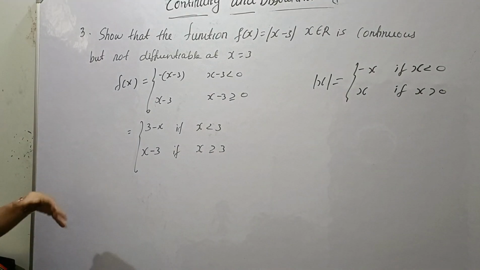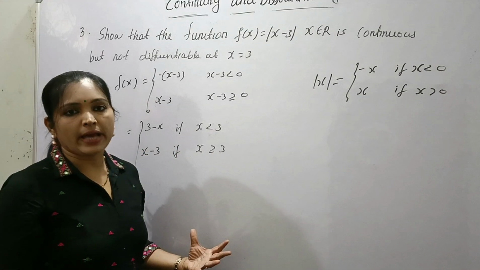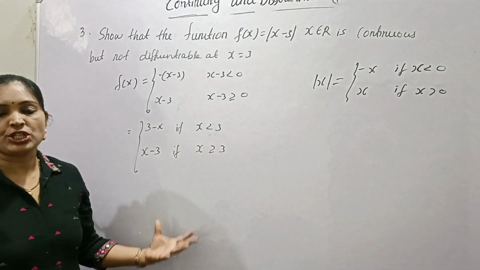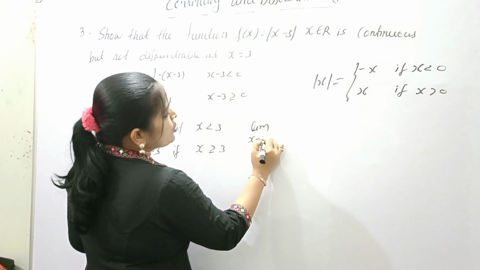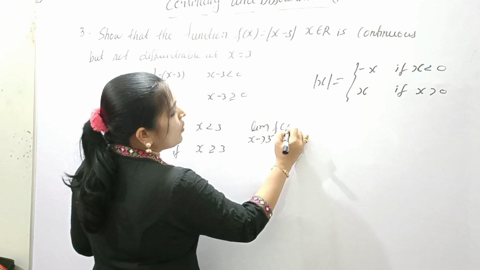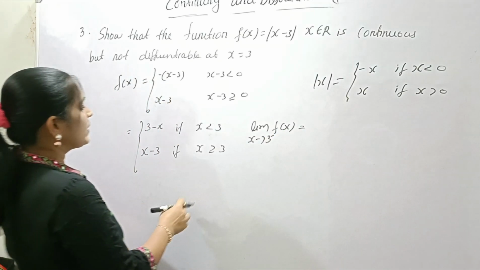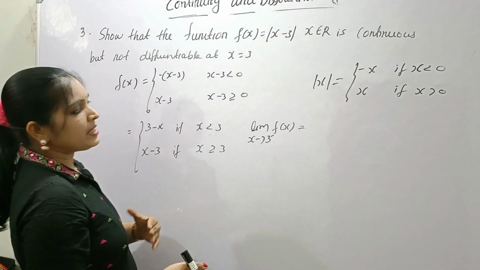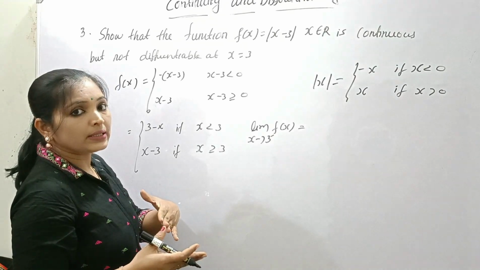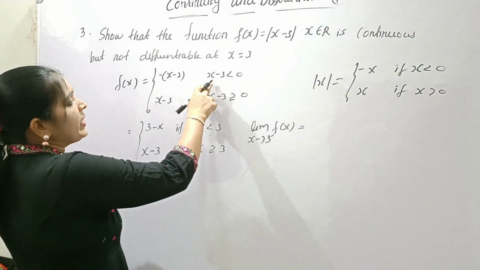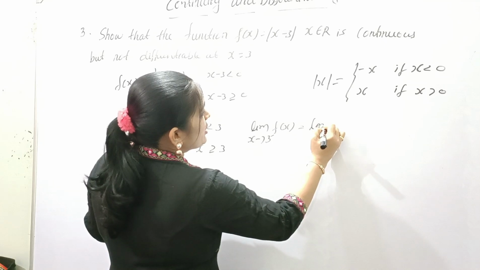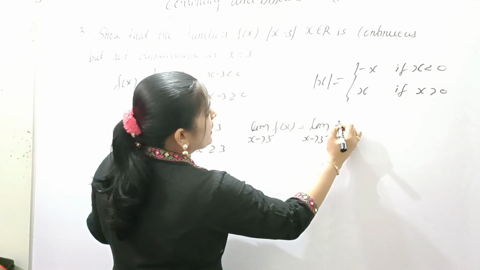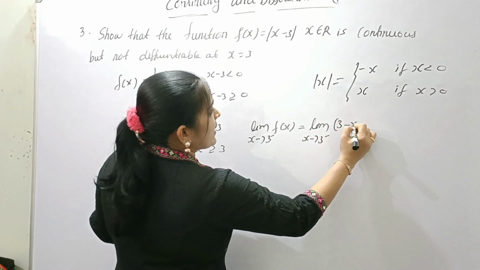Okay. Now here, let's find left hand limit, right hand limit and the value of the function at x is equal to 3. So limit x tends to 3 minus f of x, that is equal to, here 3 minus means left hand limit, that is x less than 3. So when x less than 3, the function is 3 minus x. Limit x tends to 3 minus of 3 minus x.